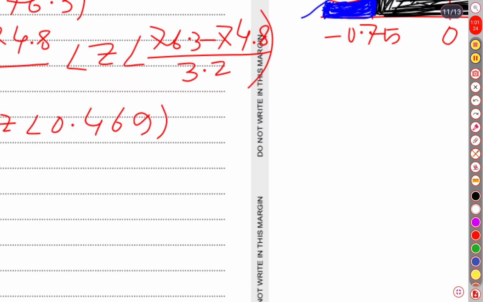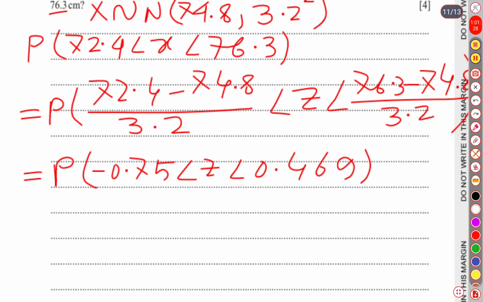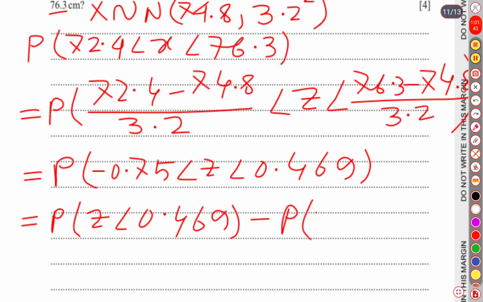So what we will do is just subtract. It is the probability of z less than 0.469. From this probability, if we subtract the probability of z less than negative 0.75, we will get our shaded region.